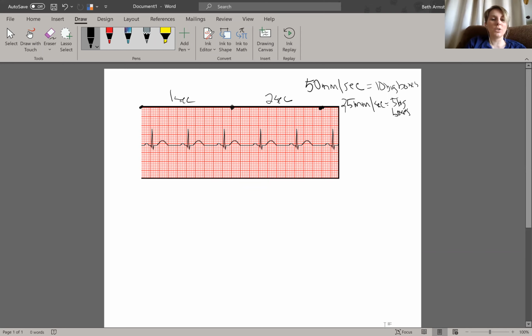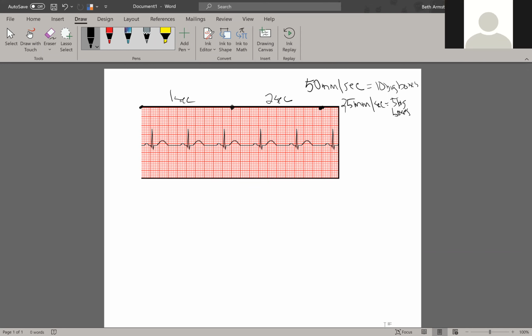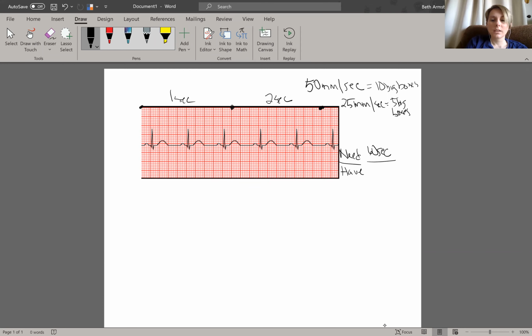So yes, we need 60 seconds, right? But we have 2 seconds, correct? If you do 2 divided by 60, get your multiplication factor. So you're gonna do 60 divided by 2.